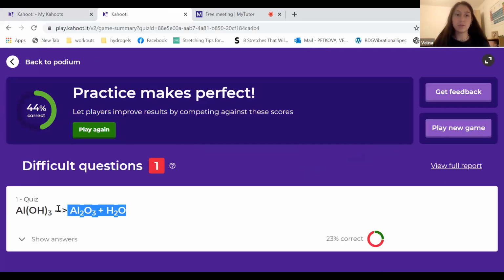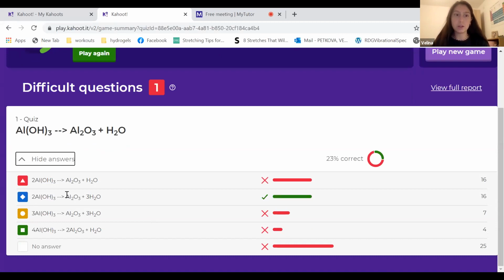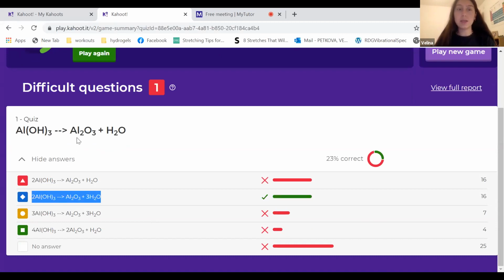Everyone found this one difficult, but I think that was because there wasn't enough time. So the answer was this one, because if we count up the aluminiums on the right, we start with 2. So then we know that we have to put a 2 on the left because we only have 1 on the left. How many oxygens and hydrogens do we have on the left? If we put a 2 in front of that, this little one tells us there's 3 oxygens and 3 hydrogens.